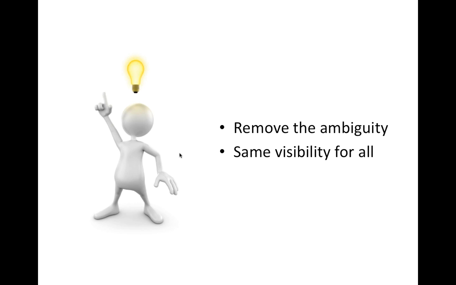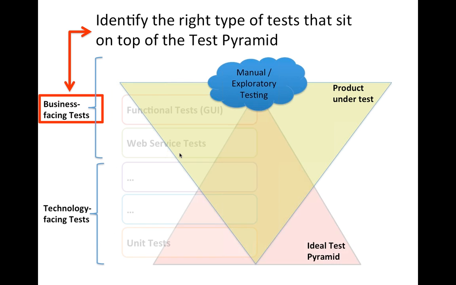There is no finger pointing. Everyone knows at the moment when the problems happen or when things are working well for that matter. So that was my brilliant idea, to say I want to remove the ambiguity and I want to provide the same visibility. Now, to achieve these goals was a huge challenge. It required a completely different way of working. This was my case study, this was my idea.